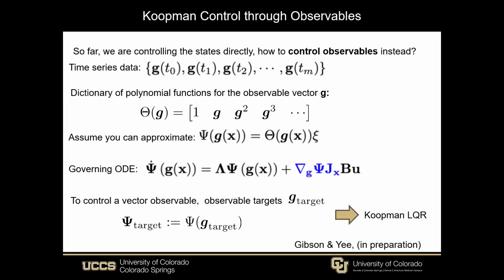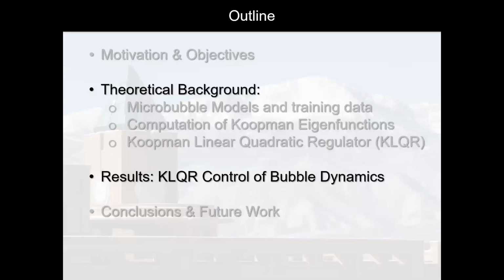Now what happens is that you have your Koopman as a function of your G target. That way you can have a target that's an observable target and not necessarily a state target. So you can do that, and then everything goes to the same thing. So same LQR, and you're done. And so that's our theory.